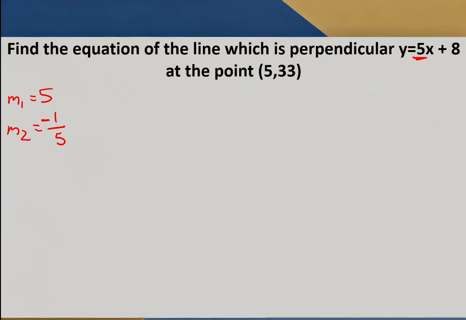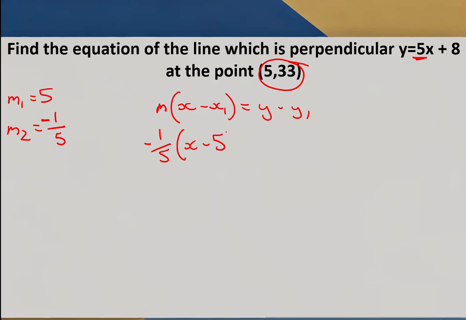The next part, I'm going to use this point and substitute it in with my gradient into point-gradient form. So that is m(x take away x1) is equal to y take away y1. My gradient is negative 1 over 5, (x take away 5) equals y take away 33.